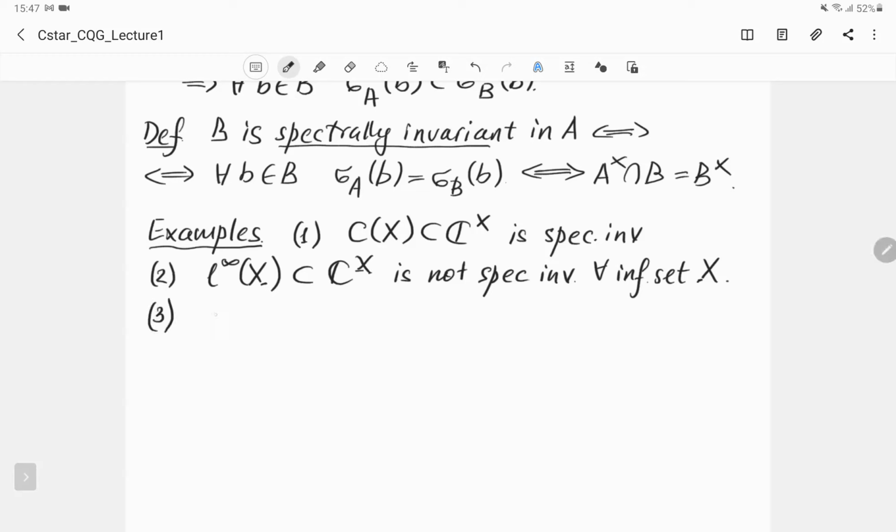Another example is A of K. So if K is any compact subset of the complex plane, let's recall that A of K consists of those continuous functions which are holomorphic on the interior of K. And this subalgebra in C of K is spectrally invariant.